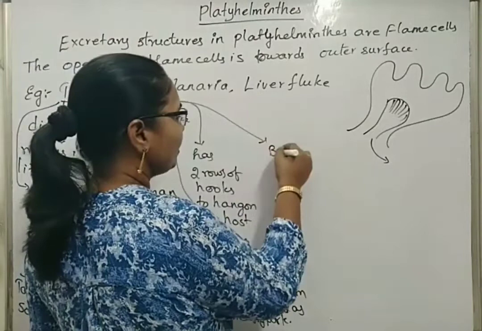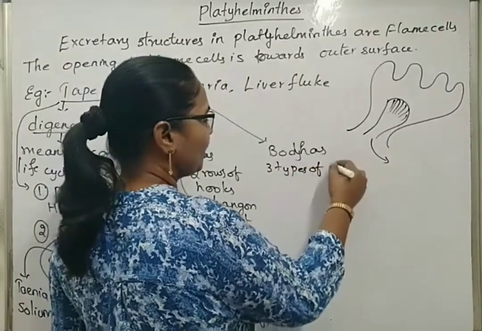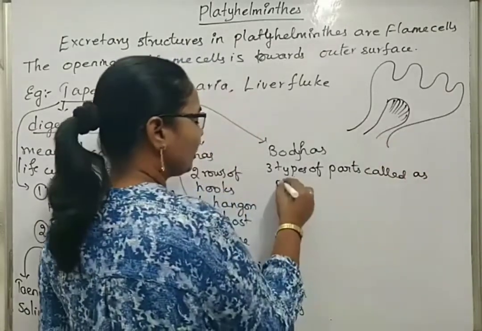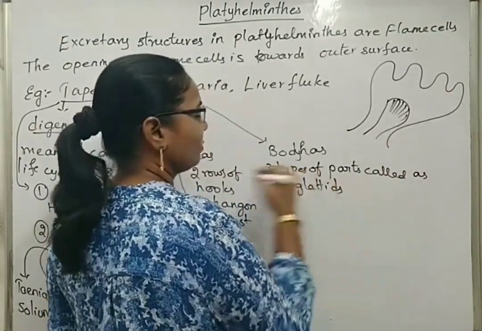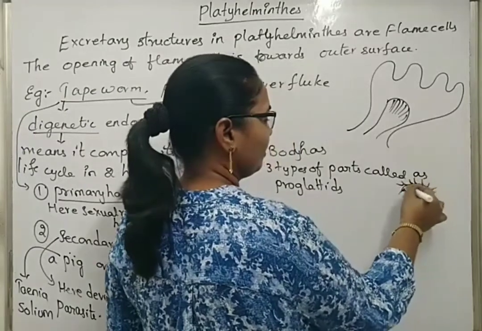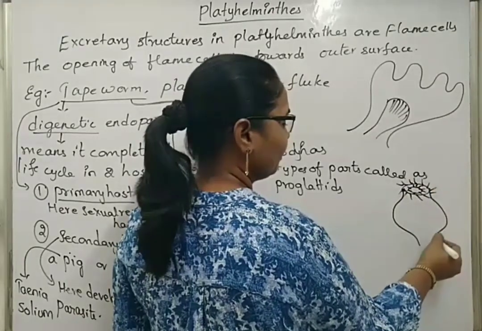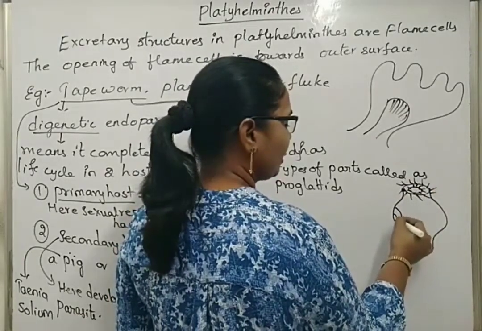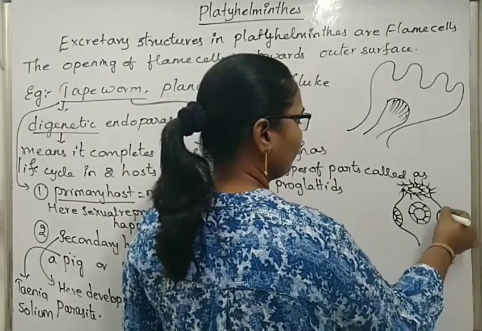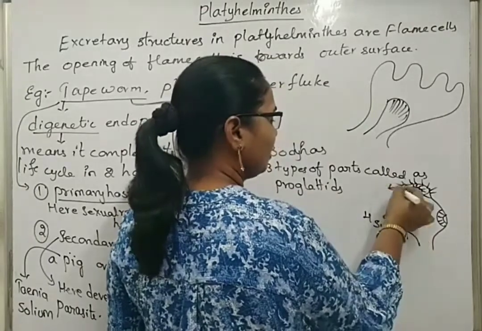The tapeworm body has parts called proglottids. Here there are 4 suckers and 2 rows of hooks.